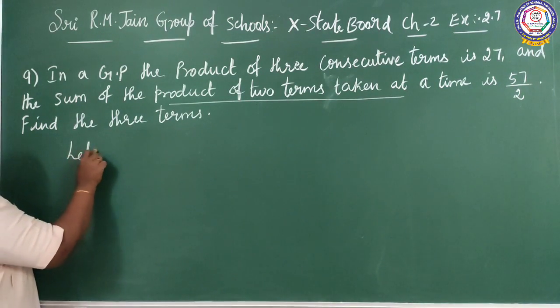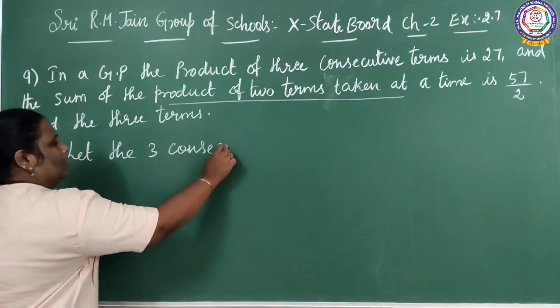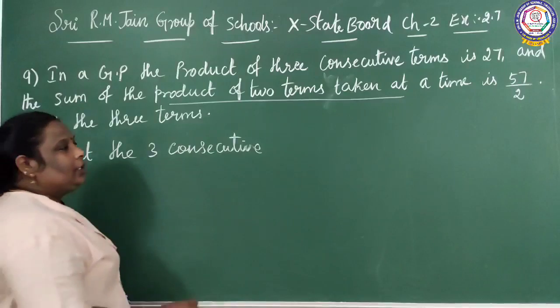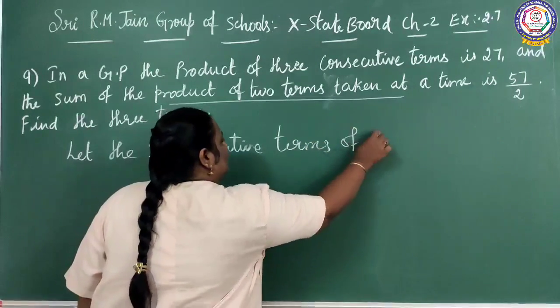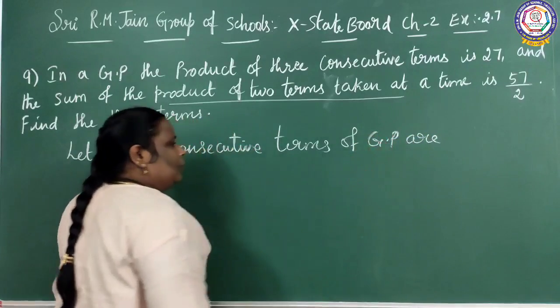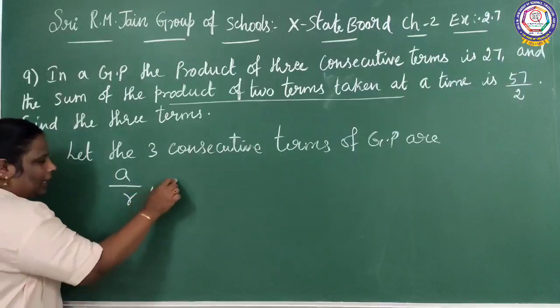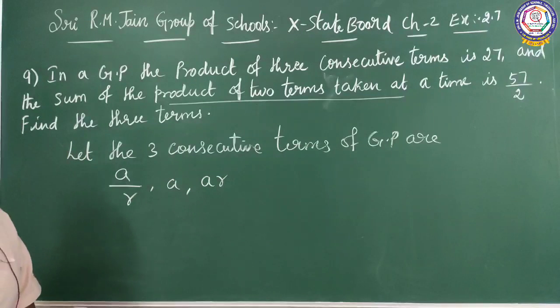Let the three consecutive terms be terms of a GP. What is that? I told you: A by R, comma, A, comma, AR.